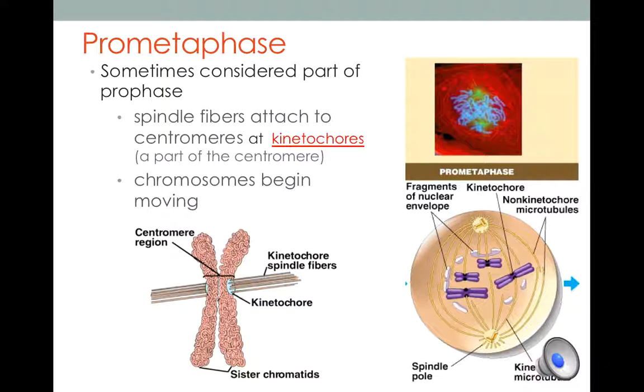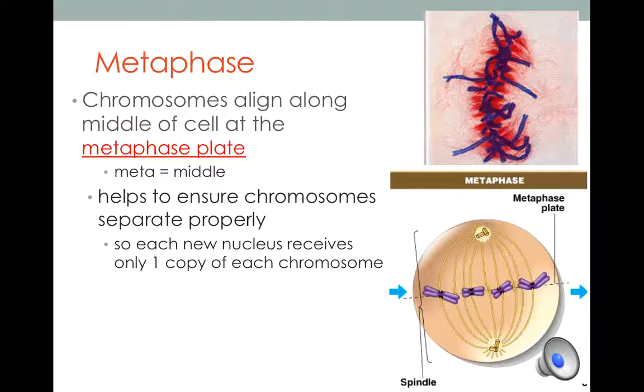Each sister chromatid is going to have a kinetochore, where what we call kinetochore spindle fibers or kinetochore microtubules are going to attach to the chromatid to make sure that the chromatids separate properly during anaphase. So as prometaphase continues, once it's finished, you'll see that the nuclear envelope is all gone, and most of the chromatids are attached to the kinetochore microtubules at this point.